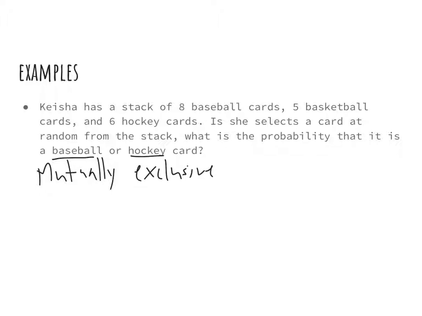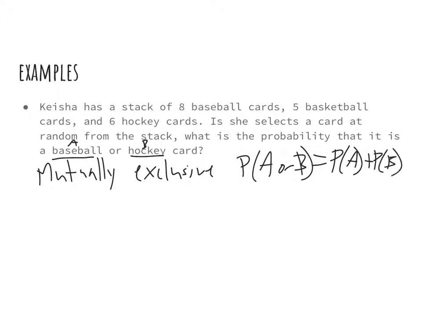Which means, if baseball is A and hockey is B, and I want to find the probability of A or B, I would just take the probability of A plus the probability of B. So the probability of A, or a baseball card being chosen: there are 8 baseball cards, and there are a total of 19 cards, because 6 plus 5 plus 8.